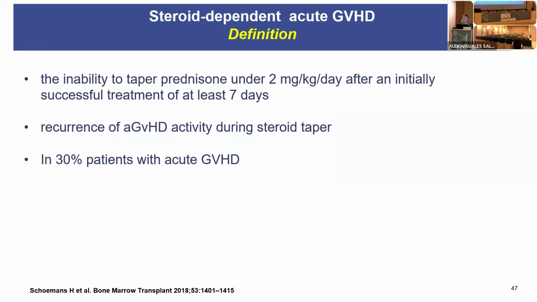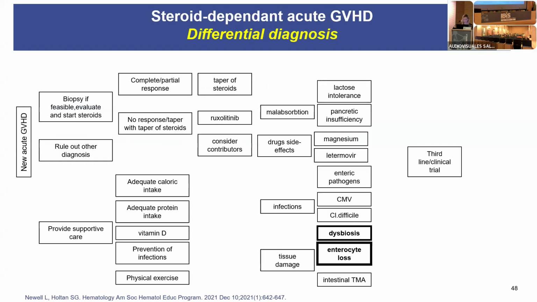The definition is there as well, and steroid-dependent acute GvHD will happen in 1/3 of patients with acute GvHD, which is pretty high. And actually, I wanted to show this one to highlight this scenario of everything we have to do in acute GvHD patients.